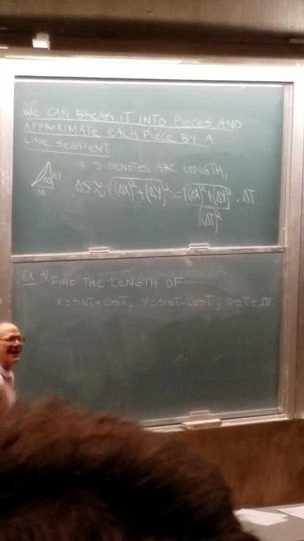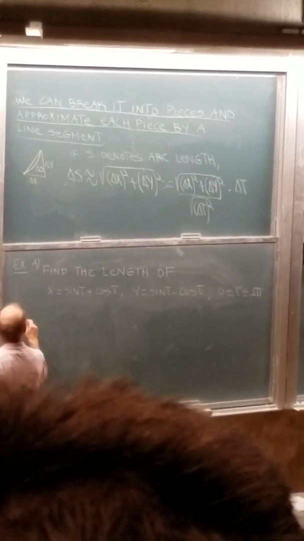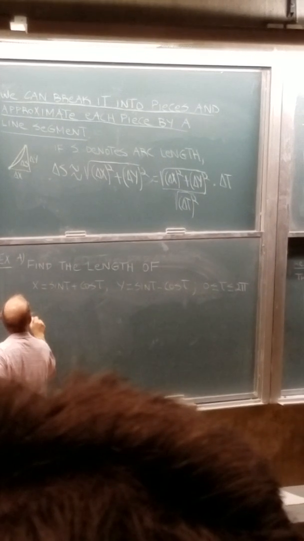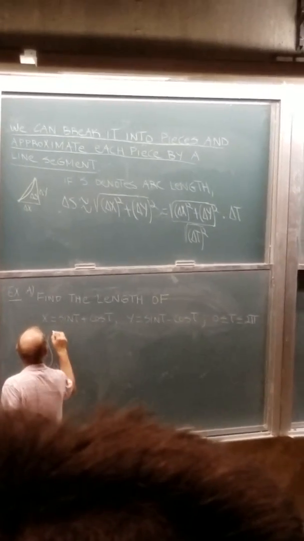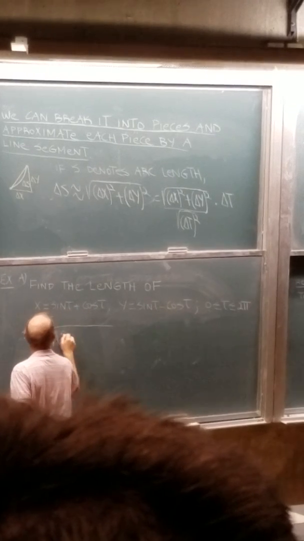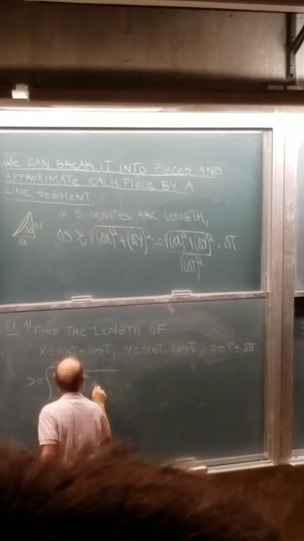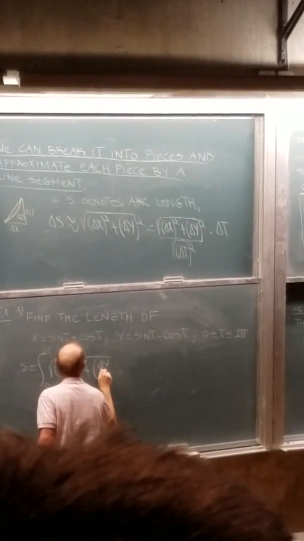It's not really clear exactly what kind of curve this is, the way it's written. So let's see if we can find the length. To get the arc length, we want to take the integral from a to b. In this case, that's 0 to 2 pi of the square root of the derivative of x squared plus the derivative of y squared, integrated with respect to t.